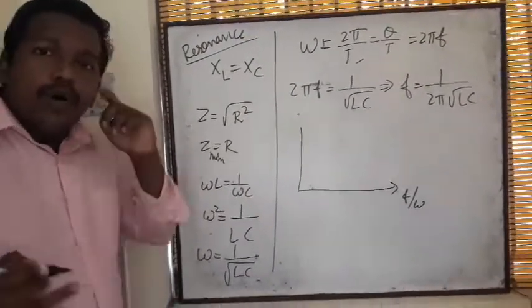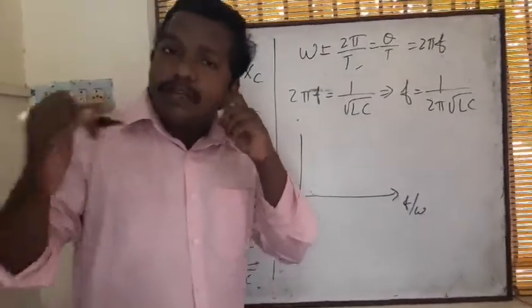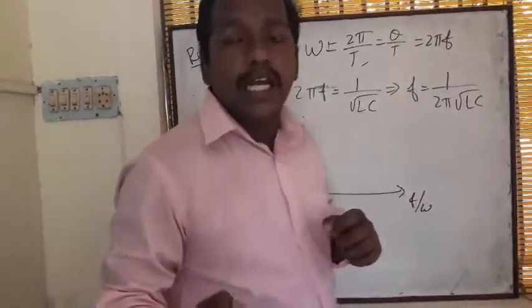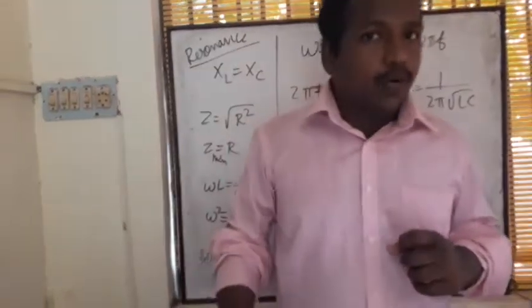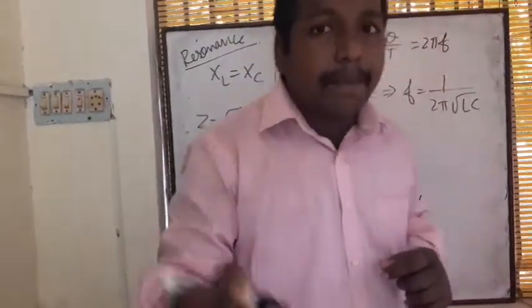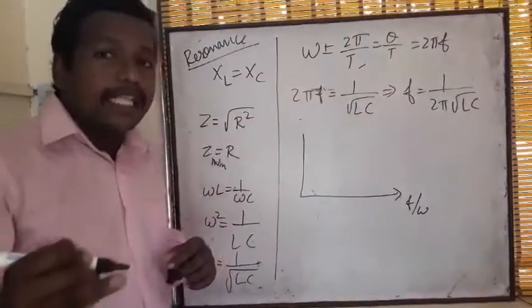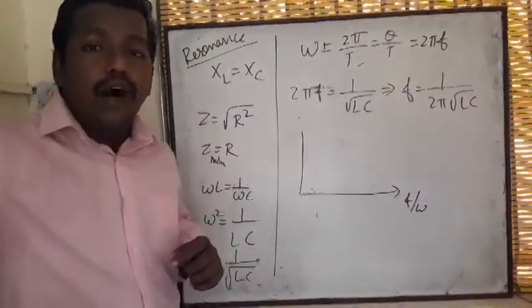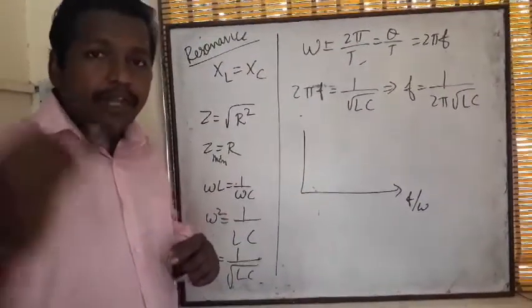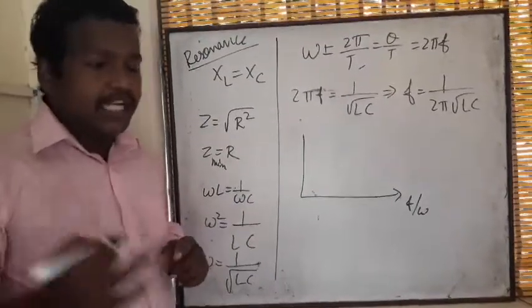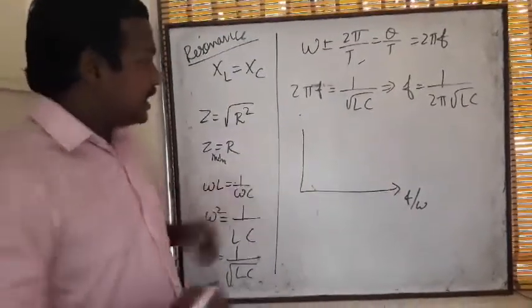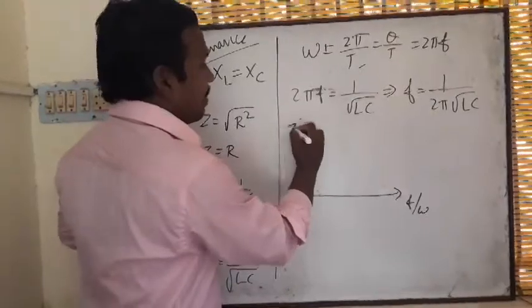When the FM station frequency and your frequency get matched, you are able to hear the sound. When you are adjusting the capacitor, it's a tuner, so you can match with the signal of the FM station. When your signal matches the FM station, you are able to hear the sound. That is the time the resistance will be minimum.